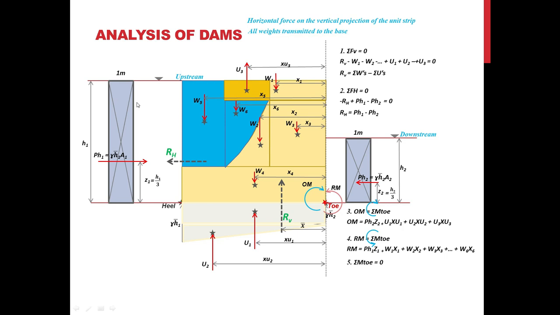Number 5. Summation of moments at the toe is equal to 0. This is to satisfy equilibrium, meaning the dam will have no rotation at all. So we equate the resultant force along the vertical times its corresponding distance to the toe. It will have a clockwise direction moment.